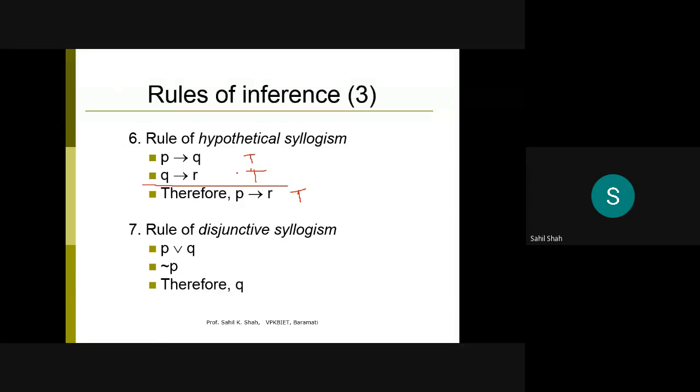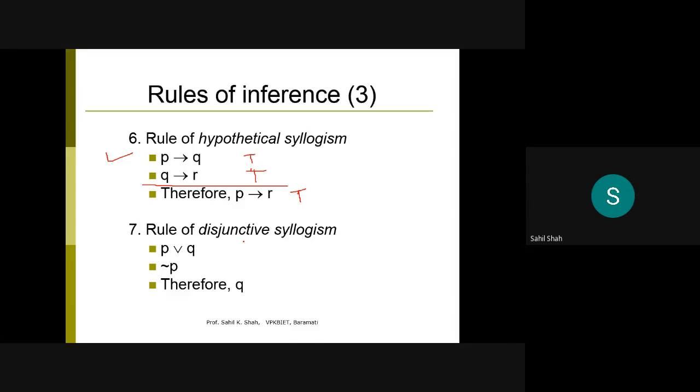I have already said that if you want verification, take a conjunction of these two premises, take their conditional to the conclusion, construct a truth table and check that all the values in the last column are true. That means it is a tautology, and if it is a tautology, it is a valid rule.